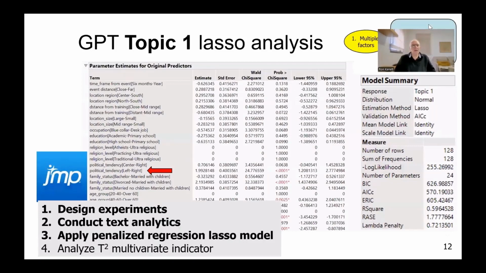On topic 1, the generalized regression showed us that political tendency of the respondent had an effect of 1.66. So it was a pretty high effect on the topic 1 score.